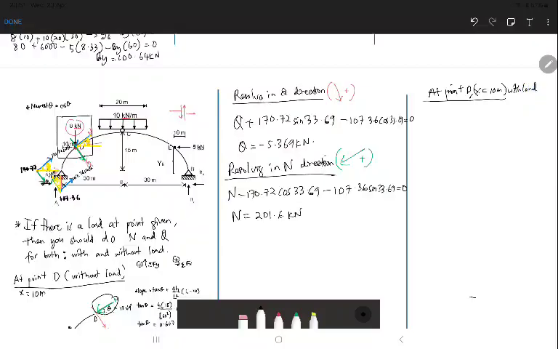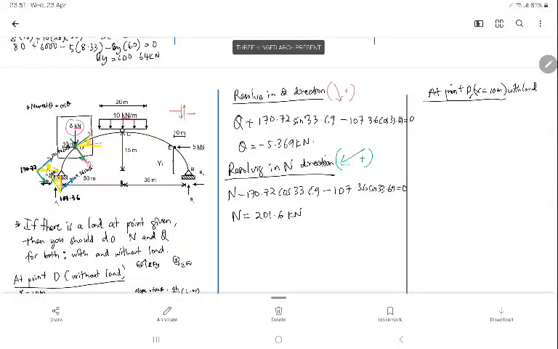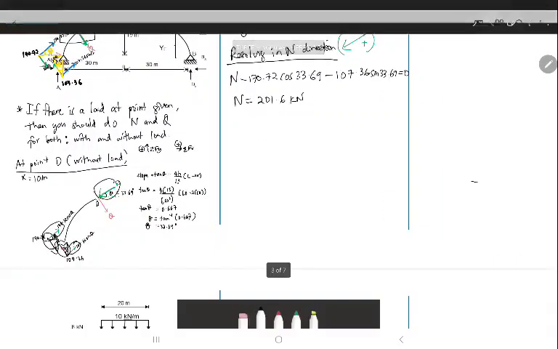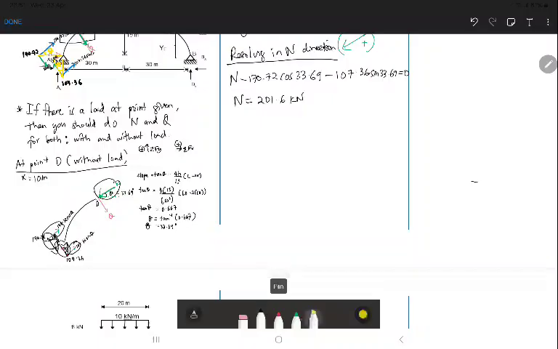Okay, we copy the diagram exactly like this, but we include 8 kilonewton here.